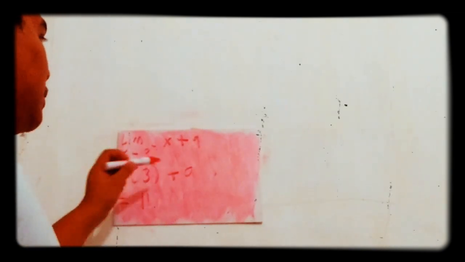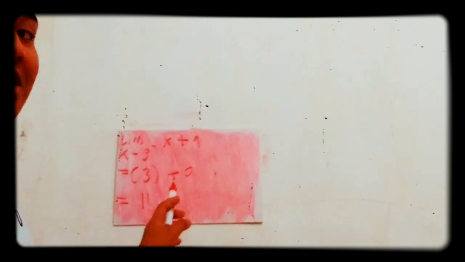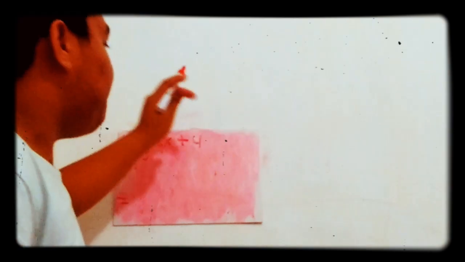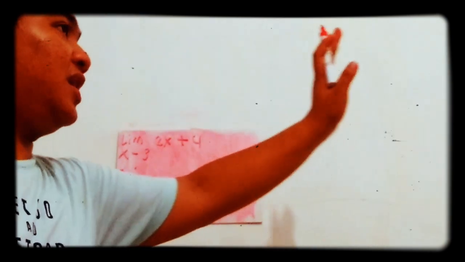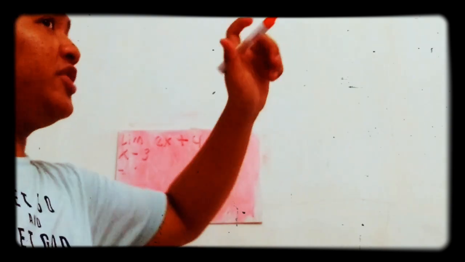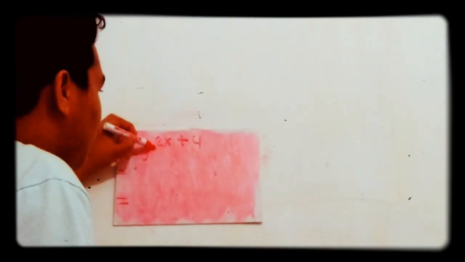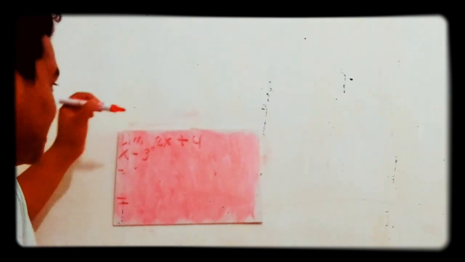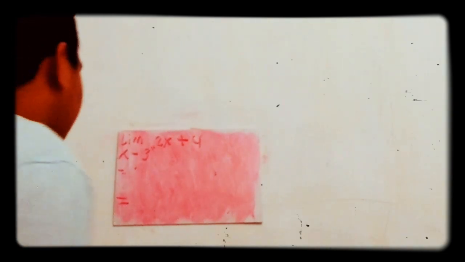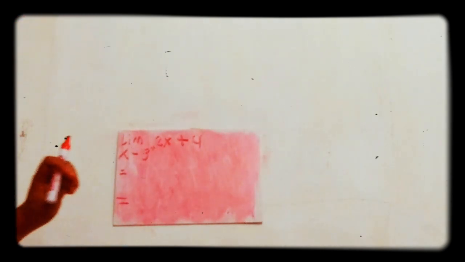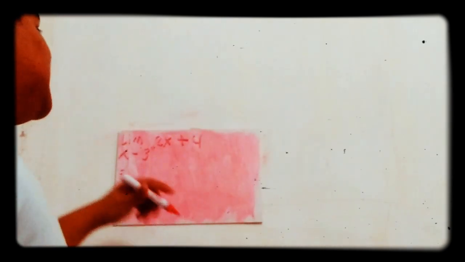Just remember this answer. So let's try the other one. The piecewise states at the end that it is greater than 3, 2x plus 4. So we need to put here a plus sign or a positive sign, whatever you call that sign. 2x plus 4.